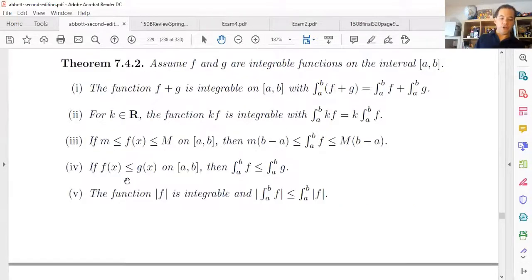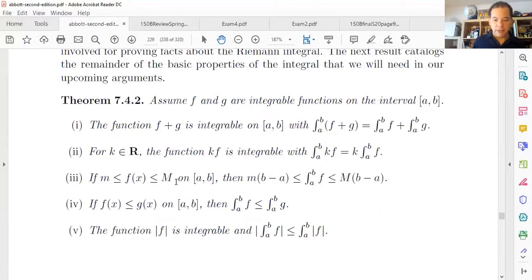If your function is between little m and big M, then the integral is between little m times b minus a and capital M times b minus a, right? And this one has a simple way of remembering it if you draw a function.